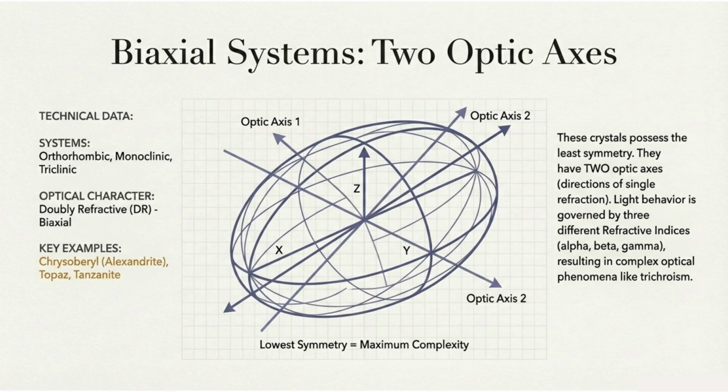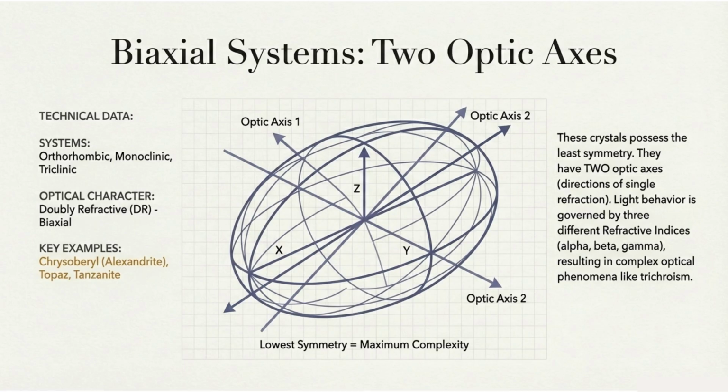Key examples: chrysoberyl, including alexandrite; topaz, tanzanite, peridot. These crystals have the lowest symmetry and the most complex light behavior. They feature two optic axes, two special directions where light behaves singly refractive.